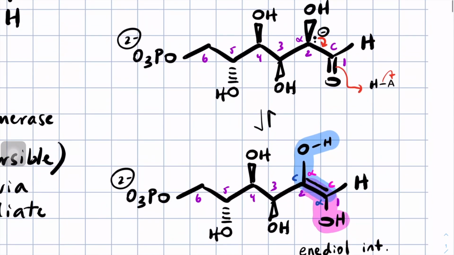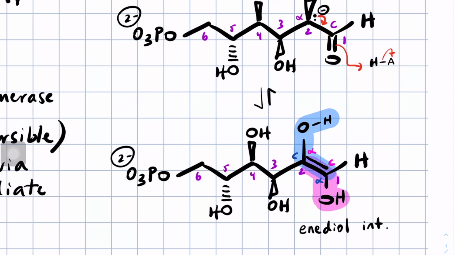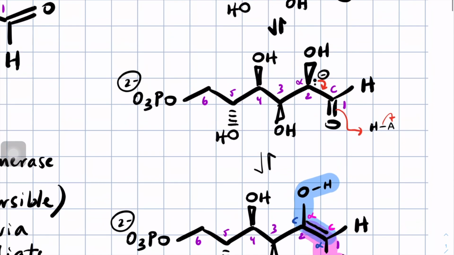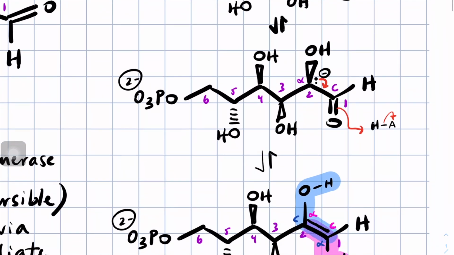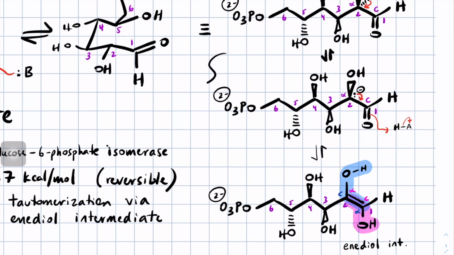So we could tautomerize this enediol, and together these two proton transfer steps did a tautomerization. We moved the location of a pi bond and a proton.